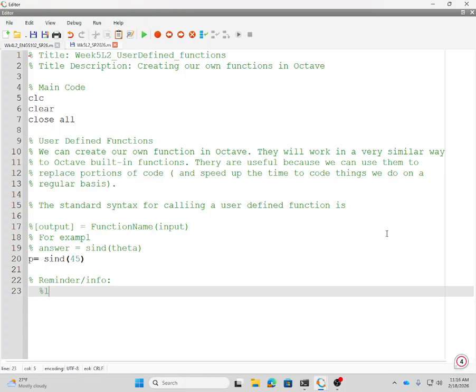So in general, about this user defined function, in general, we make functions for operations that we want to repeat often.